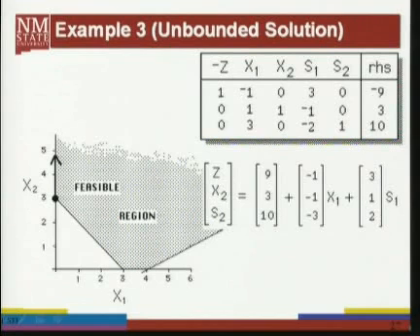However, the minimum ratio test provides no block on the increase of S1. When a pivot column is selected, that is, a variable is selected for increase, but there is no positive substitution rate on which to pivot, then the solution is unbounded. If this is a real-world problem, this usually means that some error has been made in the formulation or in a previous pivot, because it is impossible to make unlimited profits.